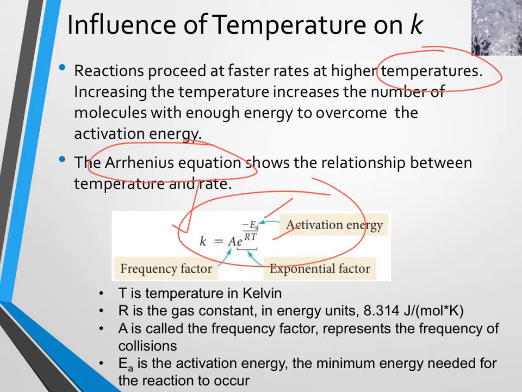So the symbol for activation energy is E sub A. R is the universal gas constant. It's important when you use any form of the Arrhenius equation to use the value for the gas constant with units of energy, units of joules. And that particular value that you need to use for these calculations is 8.314. All right, and of course, E sub A is activation energy. Temperature must be in Kelvin.